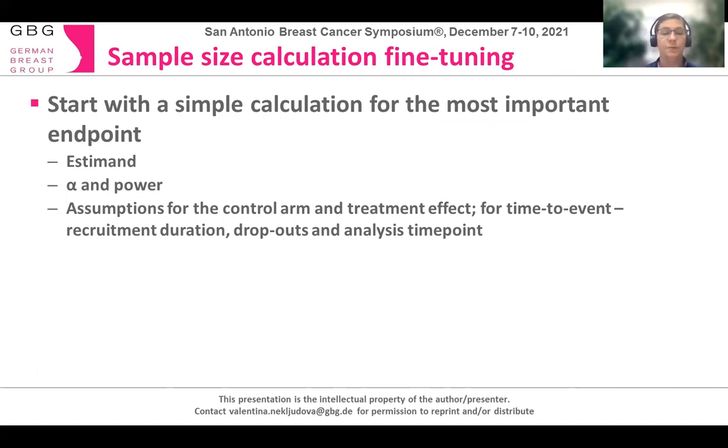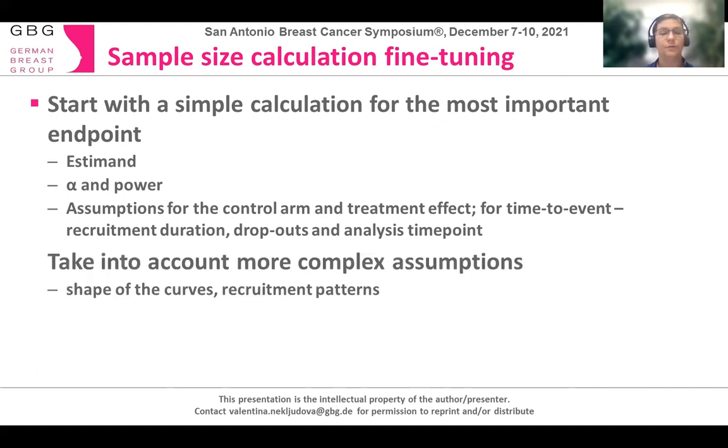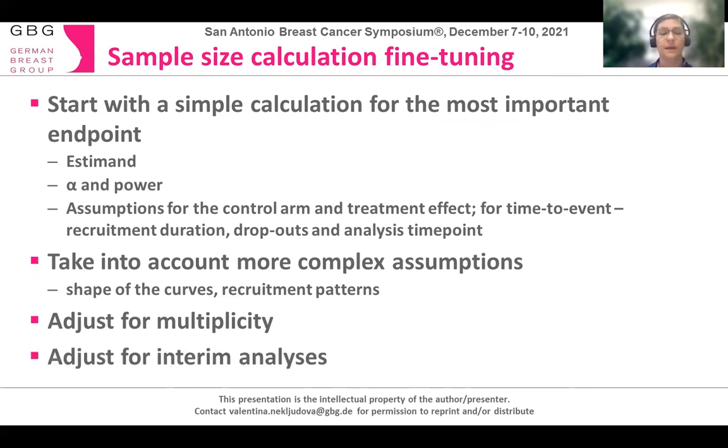The next step would be to think whether you need more complex assumptions, for example, non-exponential survival curves or non-uniform recruitment. Then plan for multiple comparisons and recalculate if necessary. And then plan for interim and recalculate if necessary. Interim analyses usually cost less than multiple endpoints in terms of patient numbers.